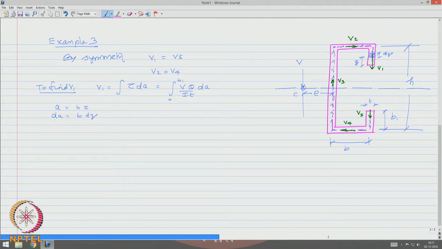Y bar, that is the distance of this from here, let us say y bar is h by 2 minus B 1 plus z by 2, because you know this distance is h by 2. If you say minus B 1, you are here, plus z by 2 will give you the distance of this point from here.